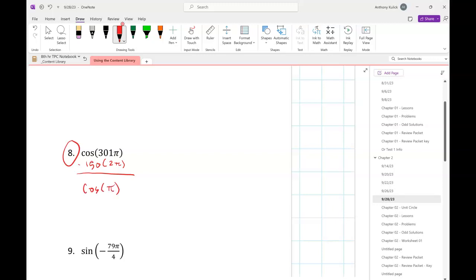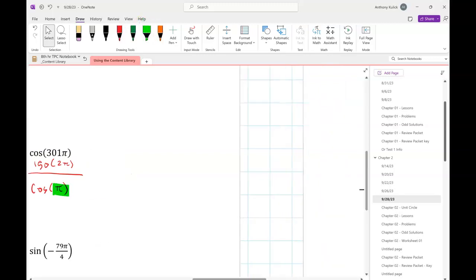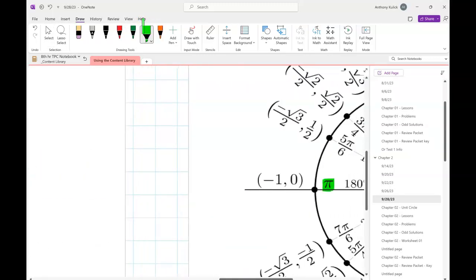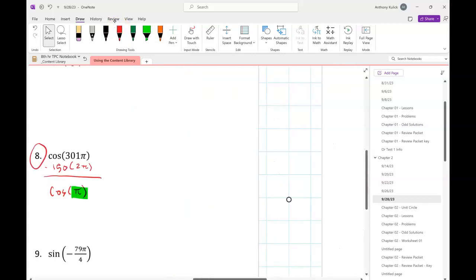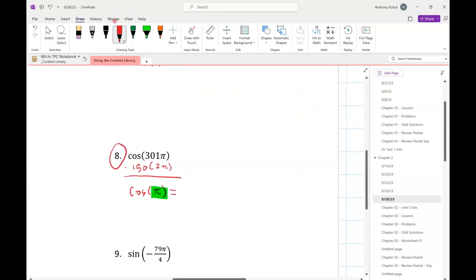Everybody's okay with that? Now I go to my unit circle because pi's on there. And cosine is x, so cosine of pi is just -1. And we're done.